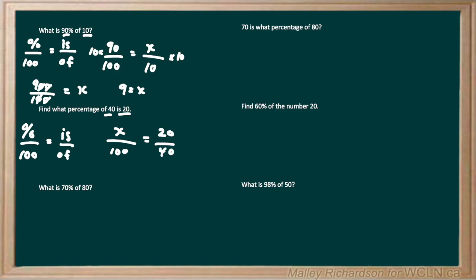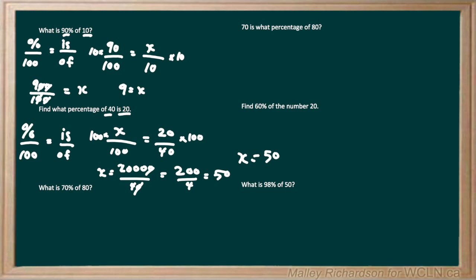Now to get x by itself, we're going to again cross multiply by 100. And we're left with x equals 20 times 100 is 20,000 all over 40. And those zeros cancel out, and we're left with 200 over 4, which is the same as 50. So x equals 50%.